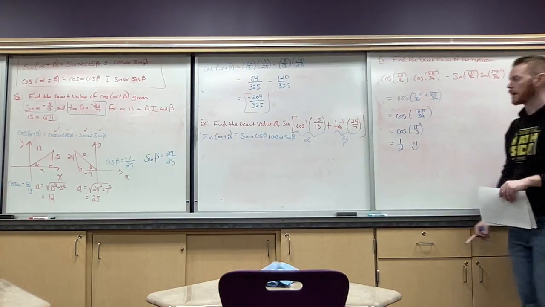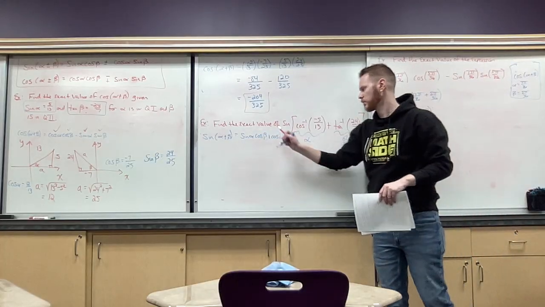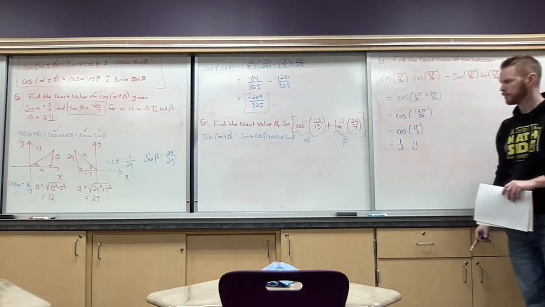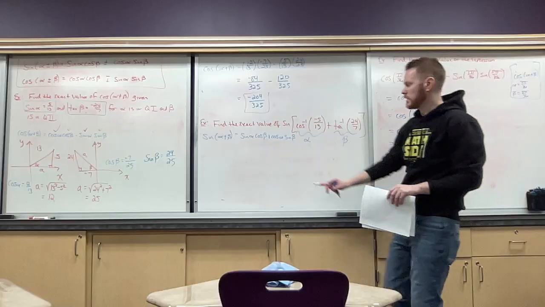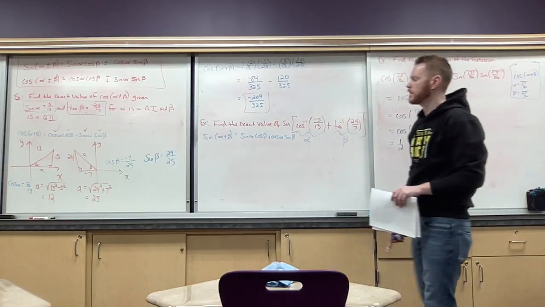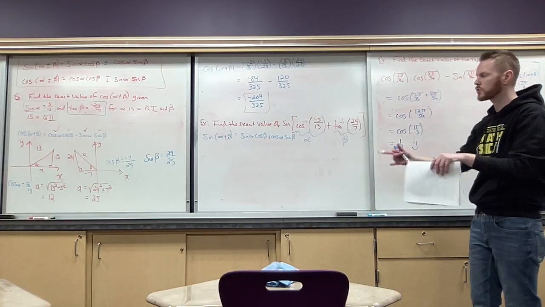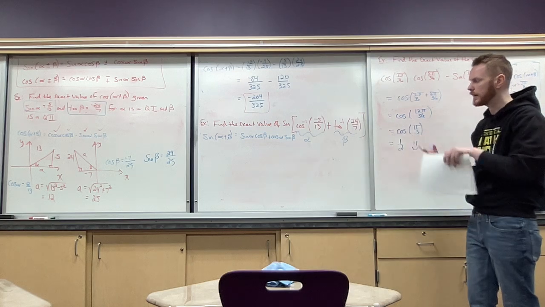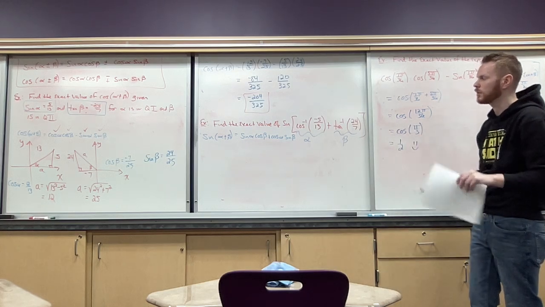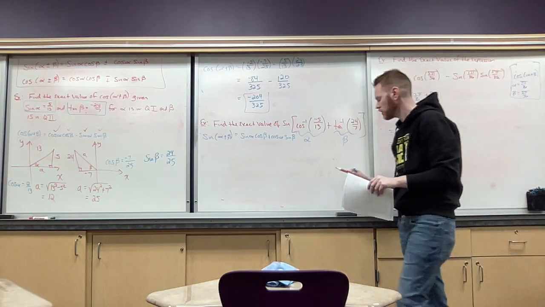The reason I know it's that one is because it's a plus sign, so we're matching with what this is. And I'm going to need all these pieces of information. So I'm going to have two triangles, one with alpha in it, one with beta, find the values I need, and go from there. So let's do that.